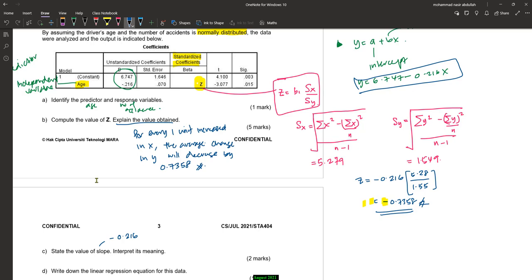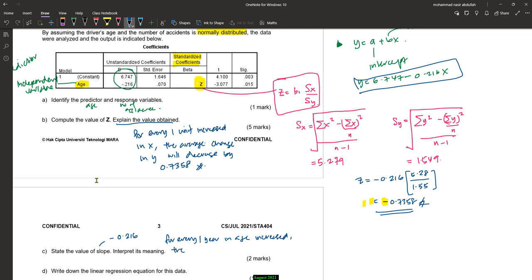So meaning dia sama saja for every 1 unit. Oh, kita tak boleh kata 1 unit lah. 1 year lah. 1 year in age increase, right?